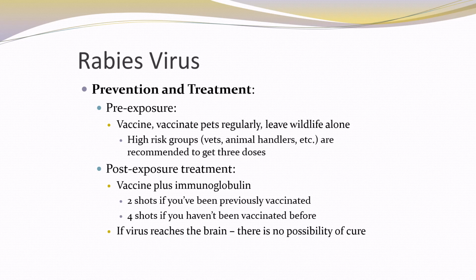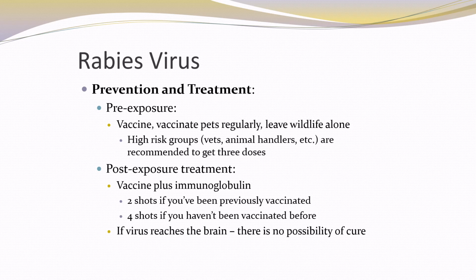So we do have preventions and treatments depending on your exposure. If you deal with animals on a regular basis, there's a good chance you will be encouraged to get the vaccine if you work with animals. So if you're a pest control person or a veterinarian, you probably have gotten the rabies vaccine.